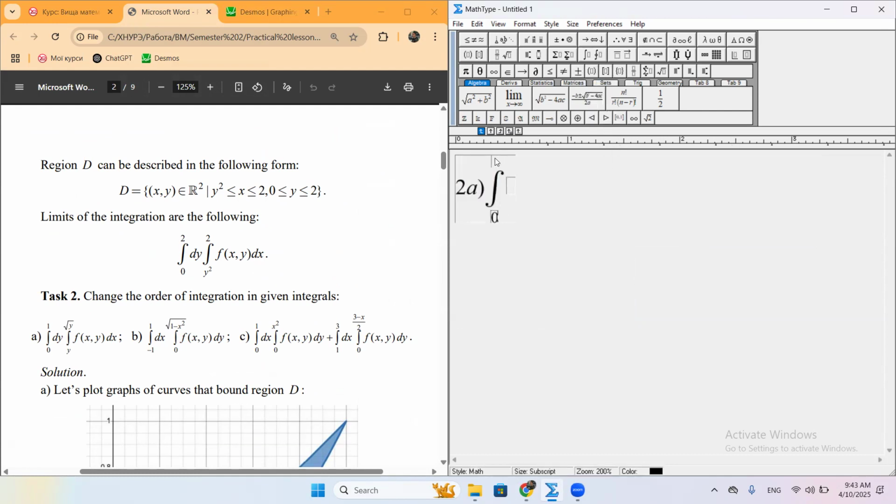The outer bounds are by y from 0 to 1, and the inner integral is from y to the square root of y. And again, we don't calculate the integral now. All that we do is swap the order of integration. It doesn't matter what the function under the integral is.